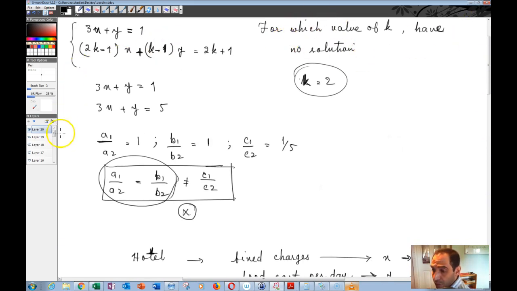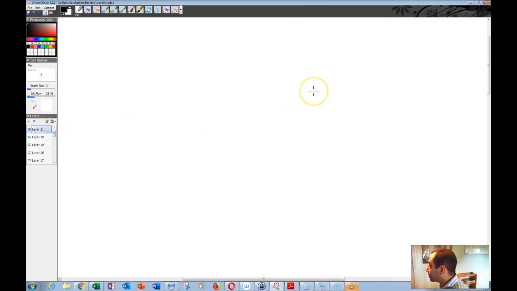Okay, so the next question that we have is: a fraction becomes 1/3. You have a fraction, for example, let's take it as y to x.